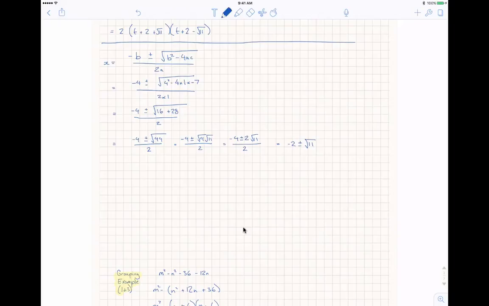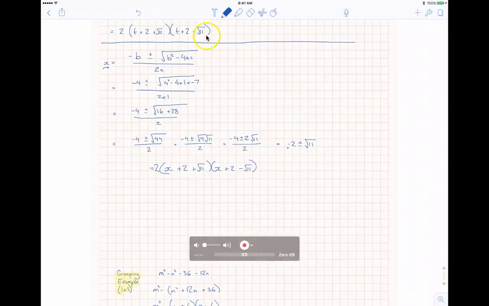So when we write our factors, if x equals negative 2, then our factors have to be plus 2 plus the square root of 11 and plus 2 minus the square root of 11. And don't forget my 2 out the front, so that we have the same factorization as we did using completing the square.